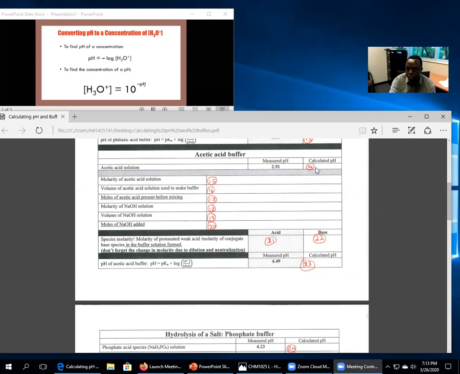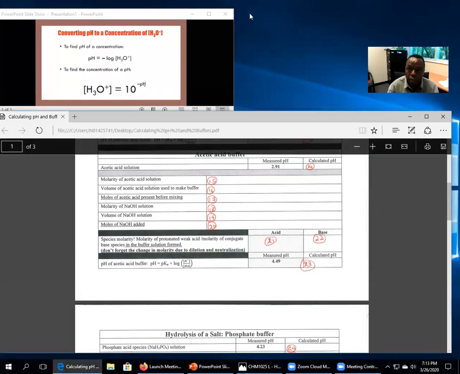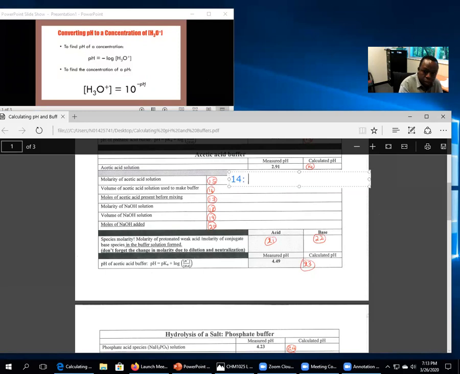For example, line 14 here, calculation of the pH. Acetic acid is a weak acid. Look again on page 149, where you are given the pKa. You should be able to find the Ka. I don't want to write down the equation again for Ka. You should be able to find the Ka of your acid, so that if I want to find the pH of the acid, I'm going to write here 14, pH of this weak acid.